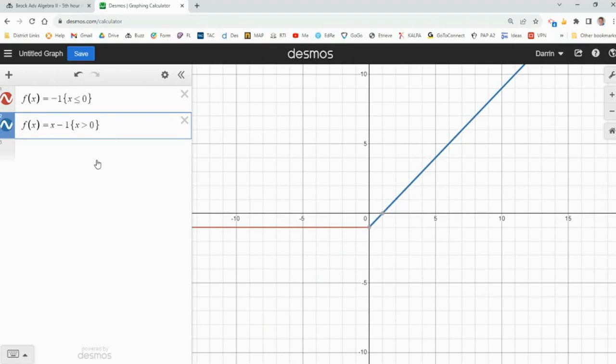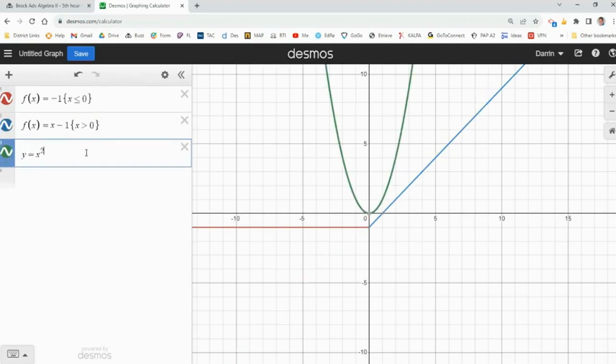Yes, Bethany. Just so I know how to graph, how do I do the greater than or equal to on the keyboard? Okay, good question. If I want to say y equals x squared, but I want it to only be when x is greater than 2 or something, when I hit the brace, x, and I hit greater than, which is above the period, I think, and then I hit equals, it combines them.